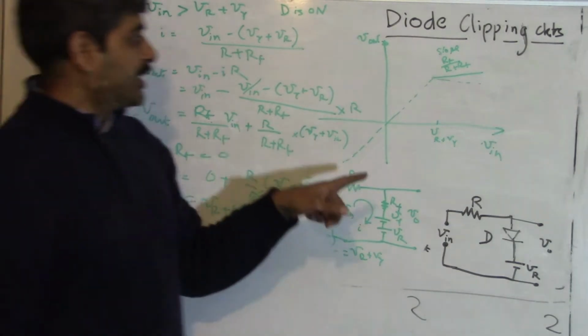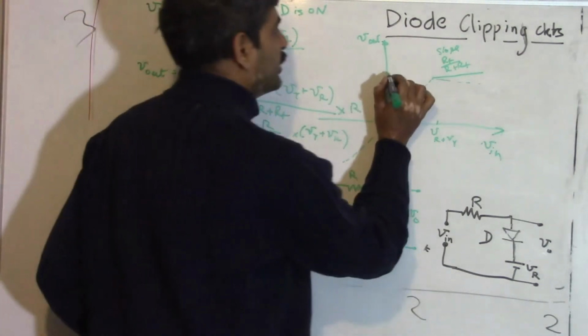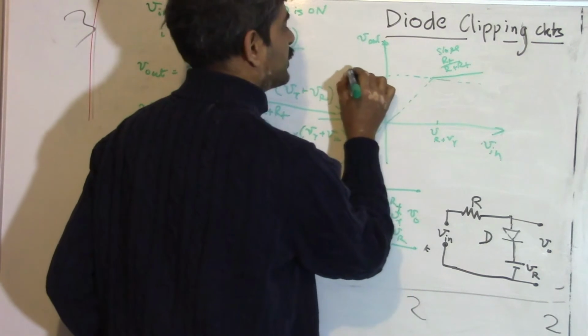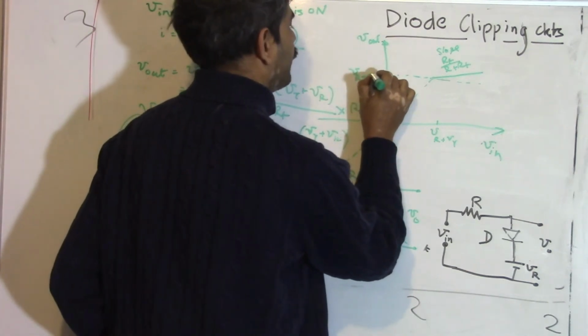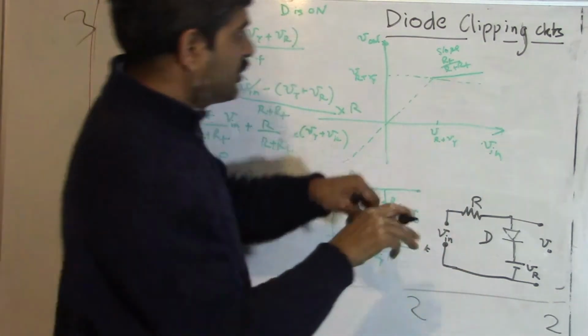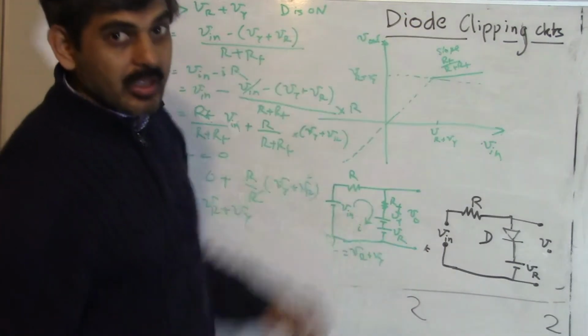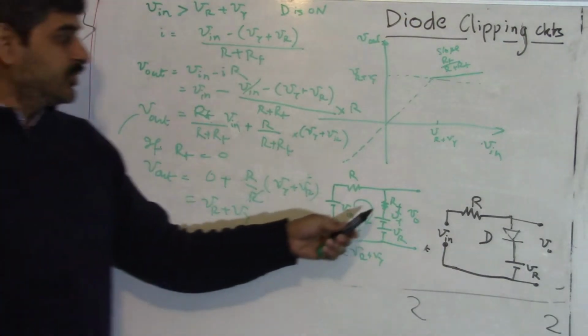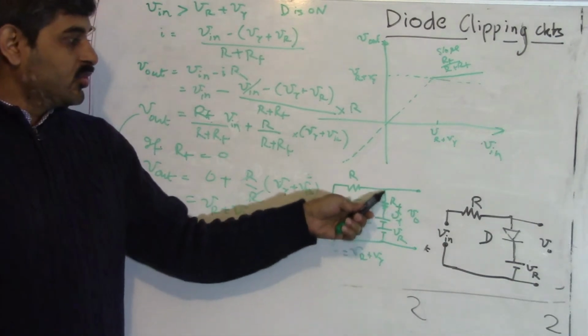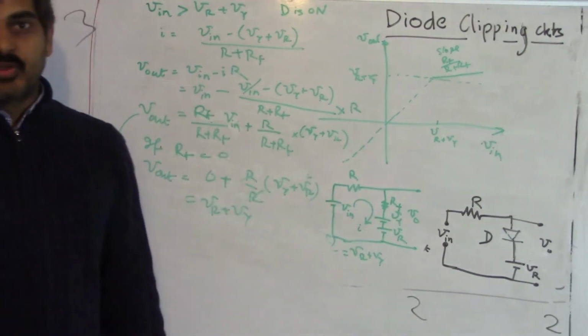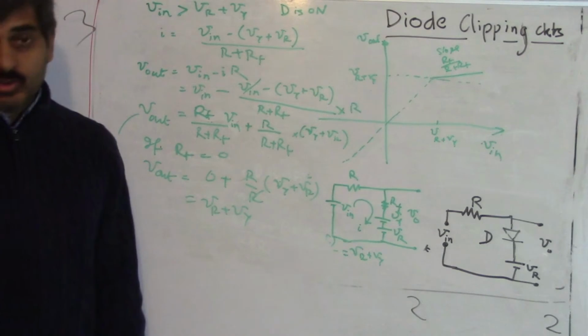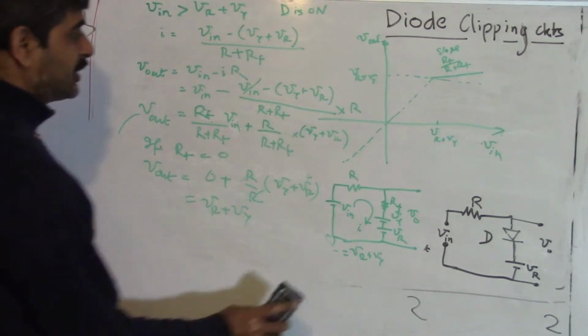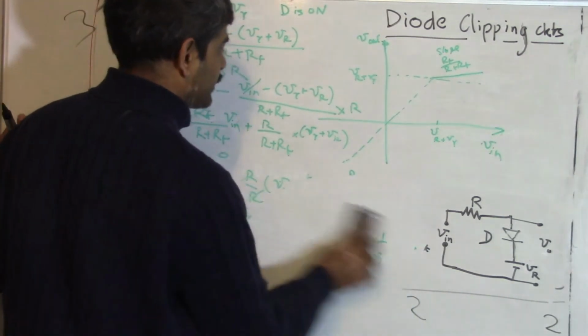What does that mean? Our output voltage will then become constant at VR plus V gamma. So this whole thing will look like this, in case we assume the diode to have a forward resistance of 0. This will be required in our next step, when we plot this graph.